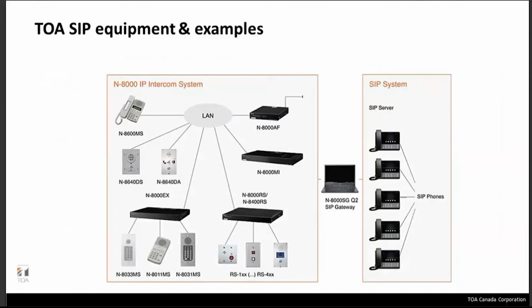You can see our product line, the N1000, which is mostly voice over IP, communicating with the SIP environment. With the SIP gateway, we interchange from a SIP phone to the N1000, so both coexist and communicate back and forth through the SIP gateway. So, voice over IP with SIP signaling.